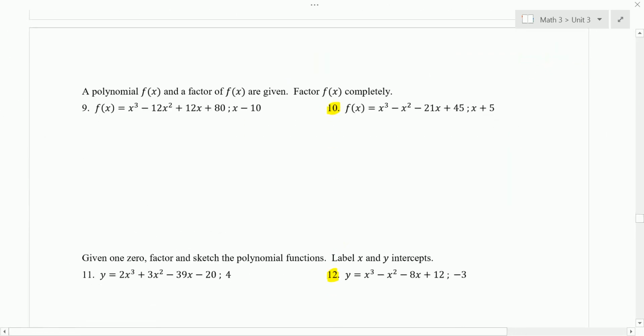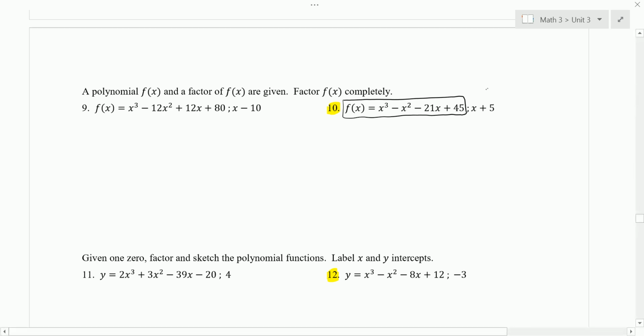Number 10, a polynomial f of x and a factor of f of x are given. Factor f completely. Okay, so we know that f of x is x cubed minus x squared minus 21x plus 45.